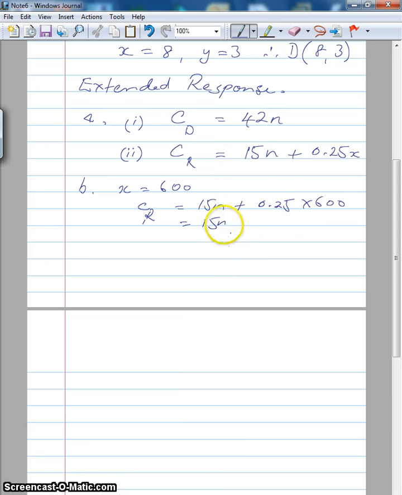So 15N plus 150. Now we require the cost of the deluxe to be less than the cost of the rough it.